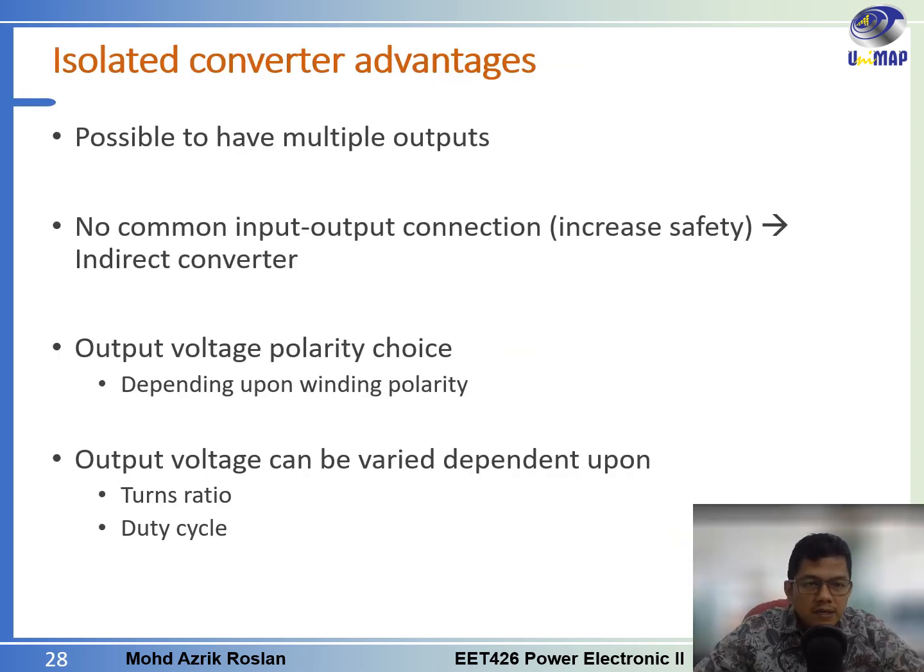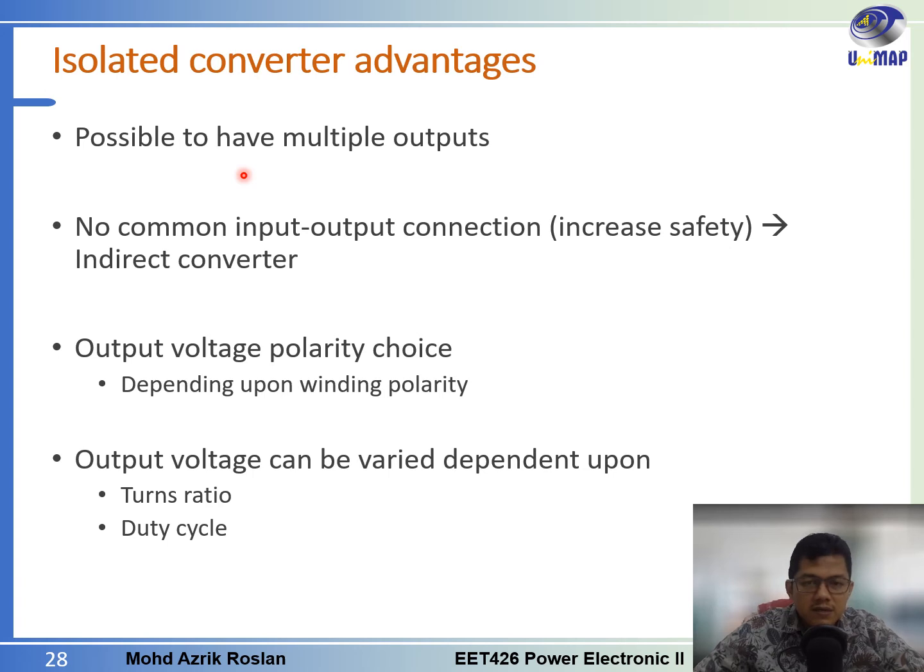Okay, these are the isolated converter advantages. I believe in the earlier stage of this chapter we already covered the advantage of having isolation, so this is just an elaboration of it. The first advantage is that it is possible to have multiple outputs because we use the transformer.